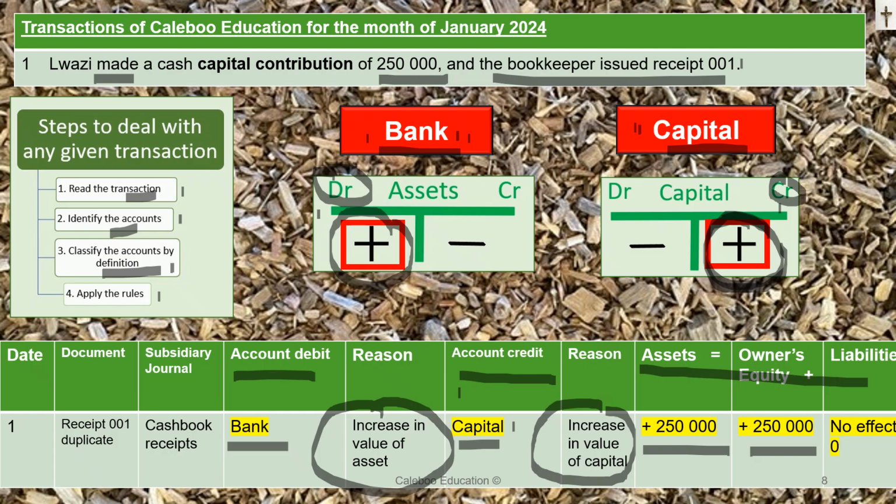Capital does. Capital increases owner's equity. Liabilities, there were no liabilities involved here. So you would have to know the account debited and the account credited and the effect on the accounting equation. That's transaction number one.